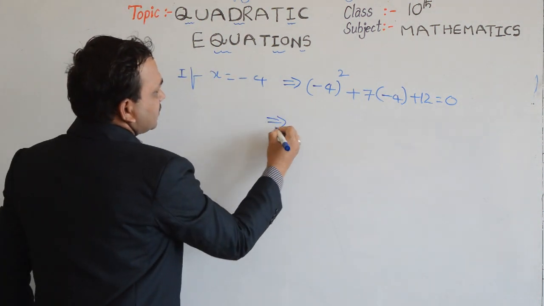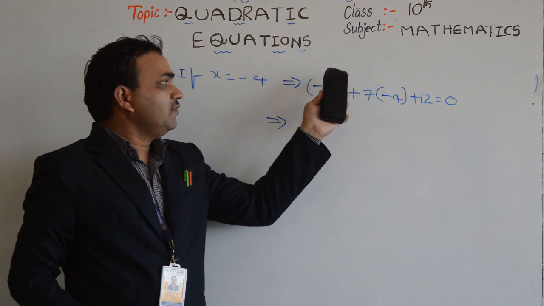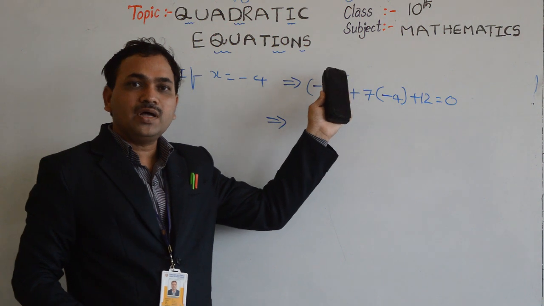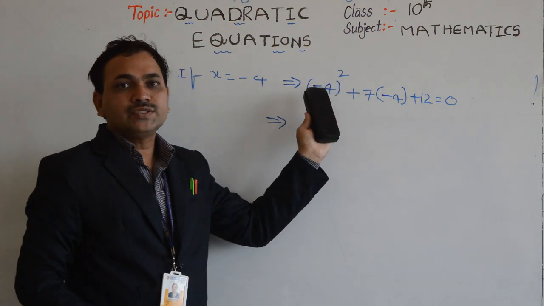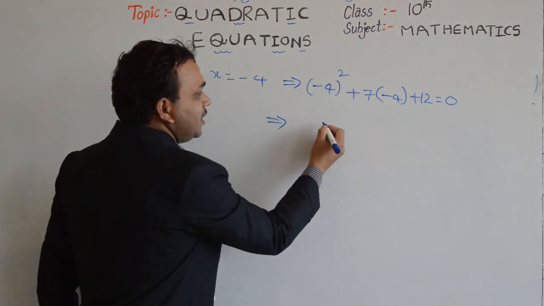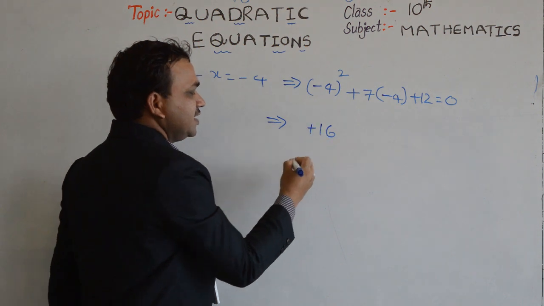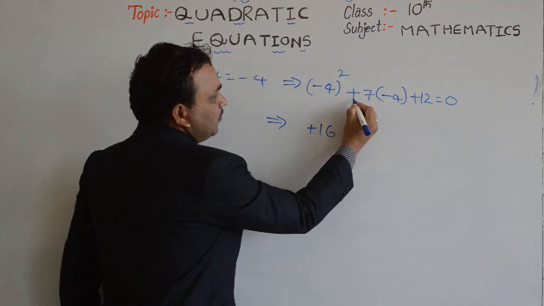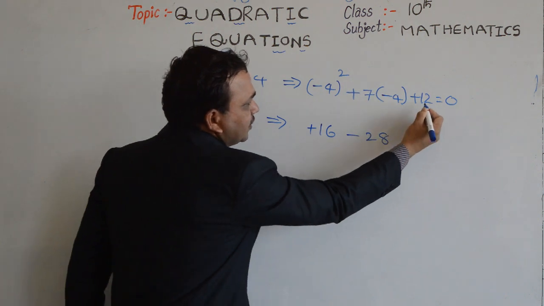That implies, what is the value of minus 4 whole square? When the power is an even number, the sign is always positive. So minus 4 whole square is nothing but 16. Plus 16. Next, plus into minus, minus 7 4s are 28.